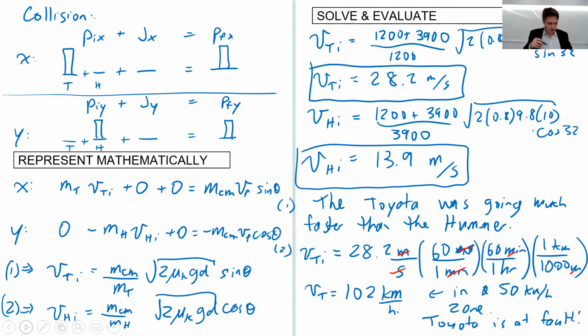Yeah, but I divided both sides by mT, right? So for equation one, it's m of the Toyota times its initial velocity equals the combined mass times its velocity right after the collision. And then I divided both sides by mass of the Toyota. So you got mCM over mT. Do you see that?